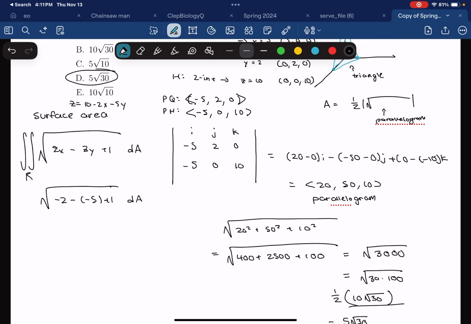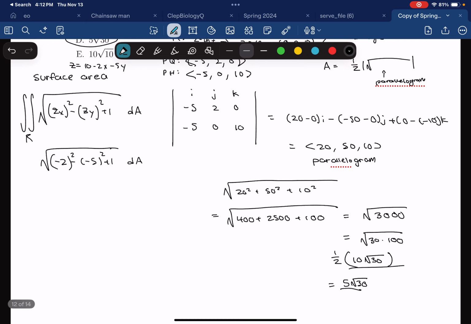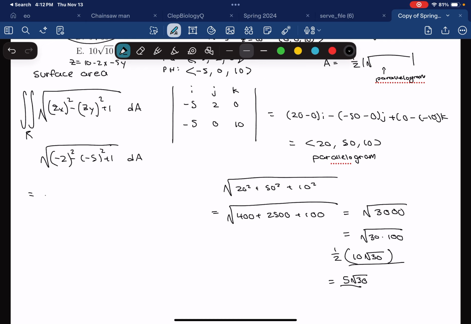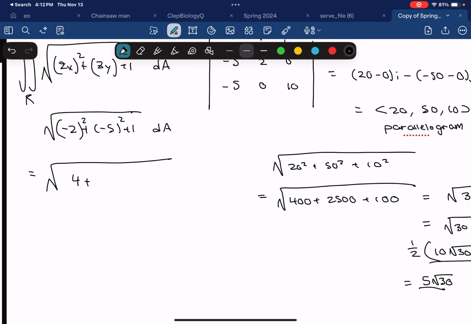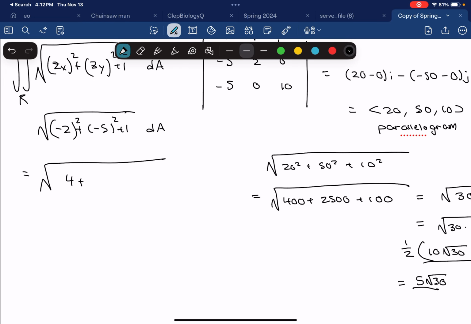Okay, so, oh wait, these are supposed to be squared. So, in this case, we get under the square root 4 plus 25 plus 1. Sorry, I'm really messing this up. I'm trying to teach surface integrals, and it's not even on the test. Whatever. This is going to be 4 plus 25 plus 1, which gets you the square root of 30.